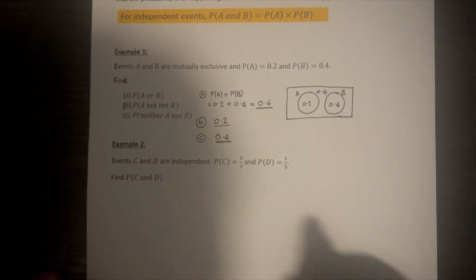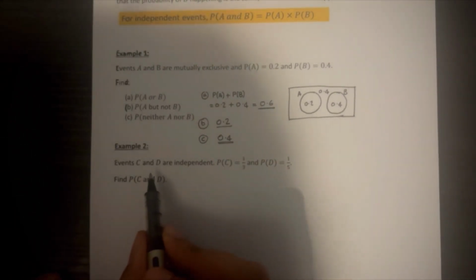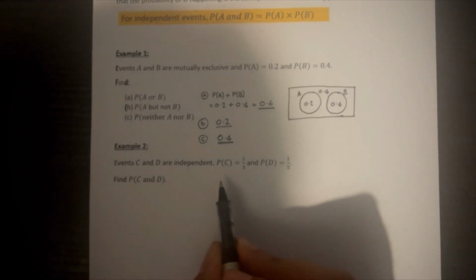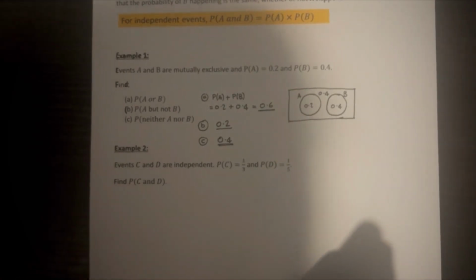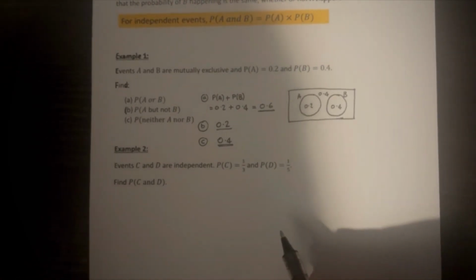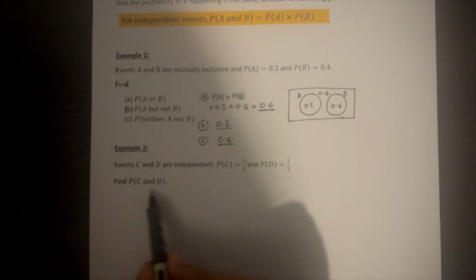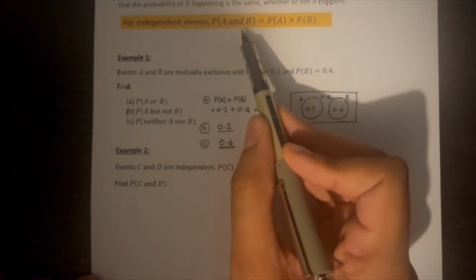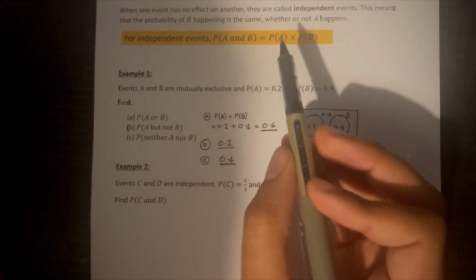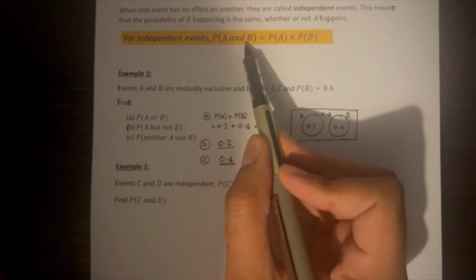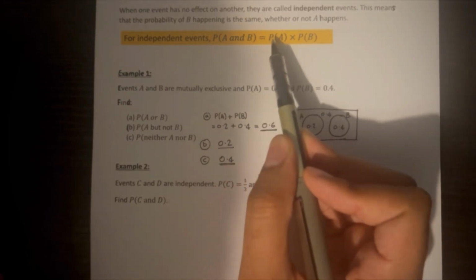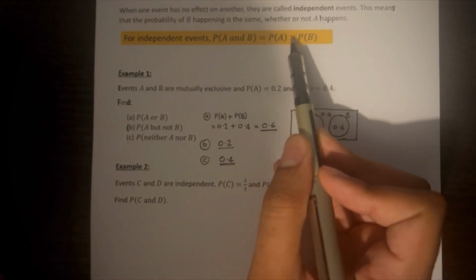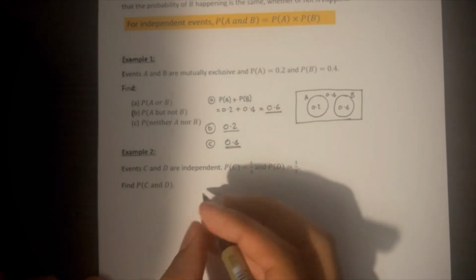Our second example. Events C and D are independent. The probability of C is 1/3 and the probability of D is 1/5. We're being asked to find the probability of C and D. Our rule for events which are independent is that the probability of those 2 events both happening is equal to the probability of one multiplied by the probability of the other.